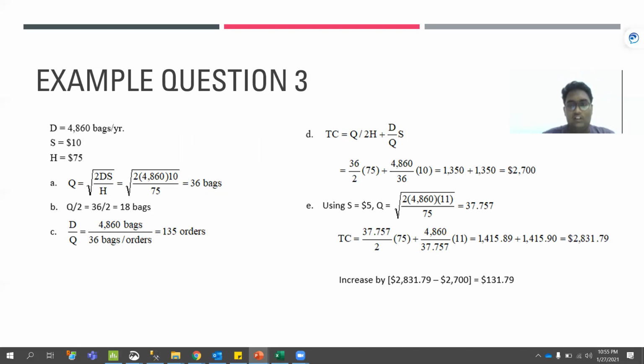The current ordering and holding cost is D over Q times S. Then the total is $2,700. S is the order cost, which is $20 per order. So the total is $2,831.79.